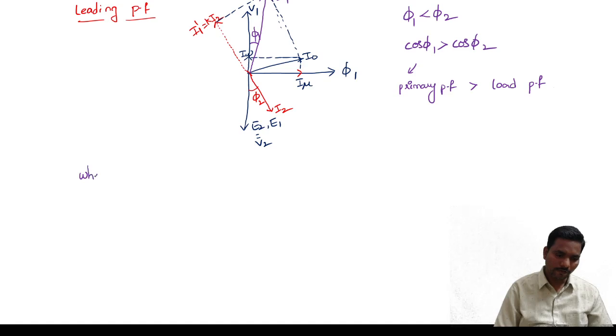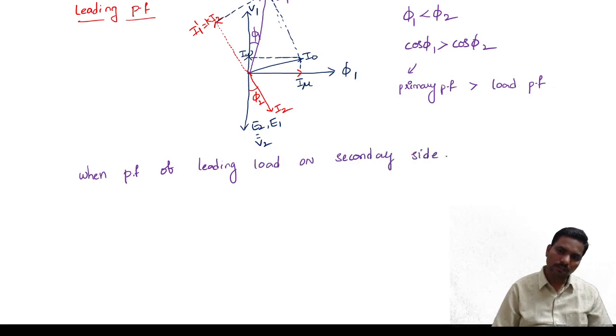So note down the point: when the power factor of a leading load on the secondary side increases, then the primary power factor decreases.